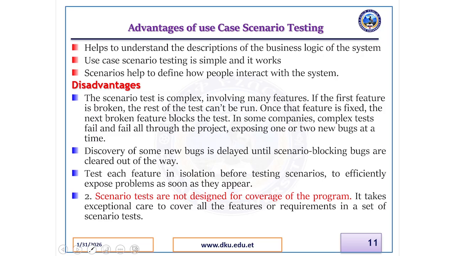Discovery of some new bugs is delayed until the scenario-blocking bugs are cleared out of the way. Test each feature in isolation before testing scenarios to efficiently expose problems as soon as they appear.